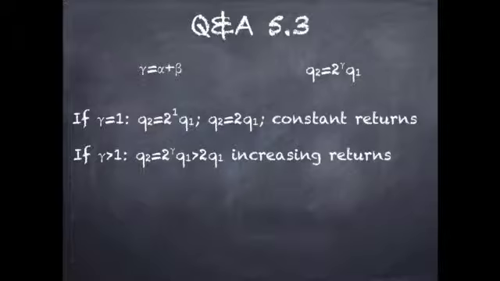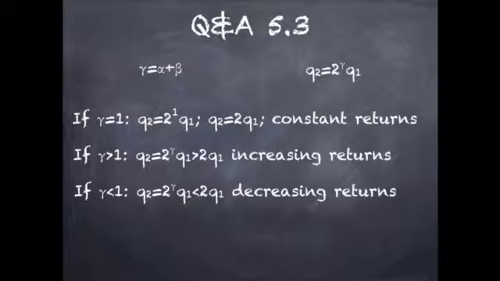For example, 2 to the 1.2 power is going to be greater than 2 multiplied by Q1. Or, to make it simpler, we could have 2 to the second power. So we will end up with 4Q1, which is greater than 2Q1. That means we have increasing returns to scale. We doubled both capital and labor, and we more than doubled our output.